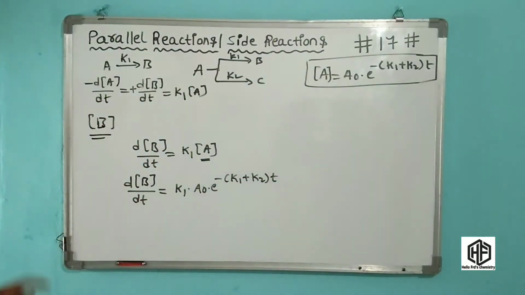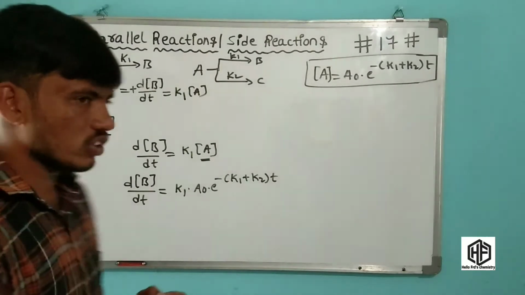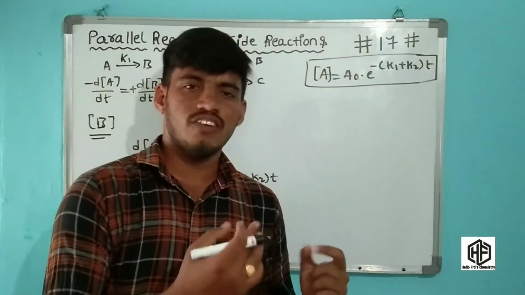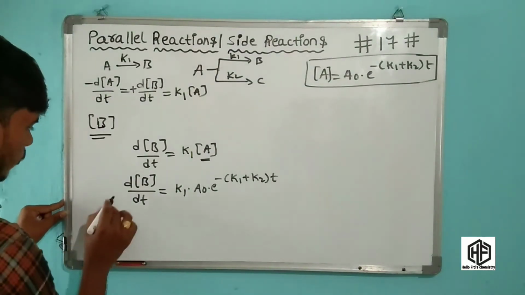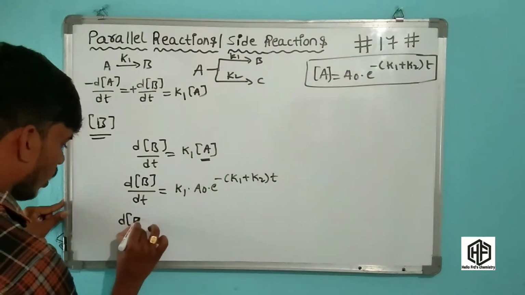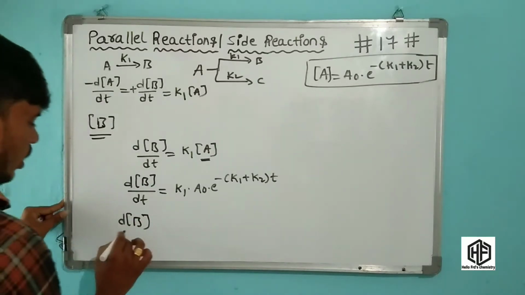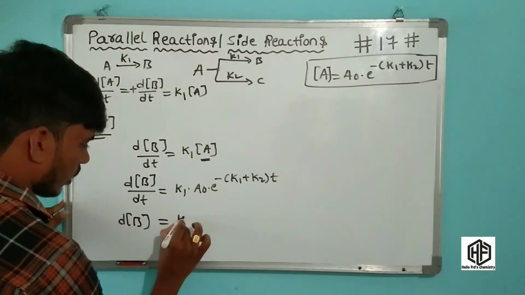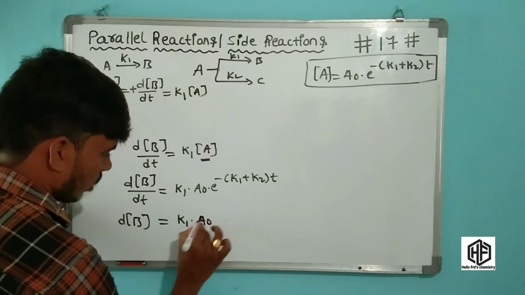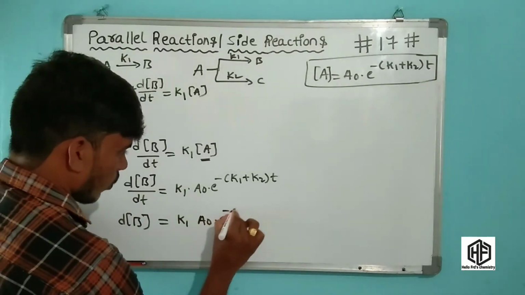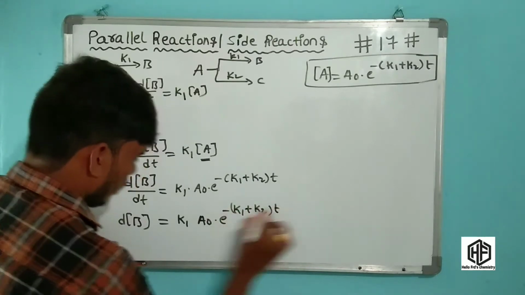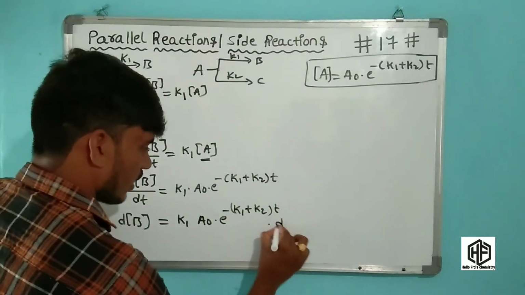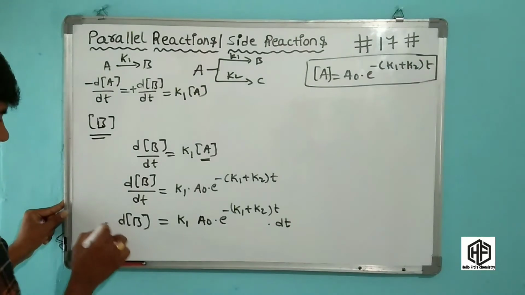Okay friends, this is the expression. Now we have to find the concentration of B with time, so we integrate on both sides. The change in concentration of B is equal to k1 into A naught e power of minus (k1 plus k2) into t, with the dt term on this side like this. Now we integrate this term.